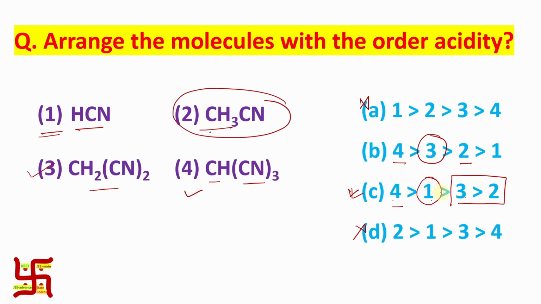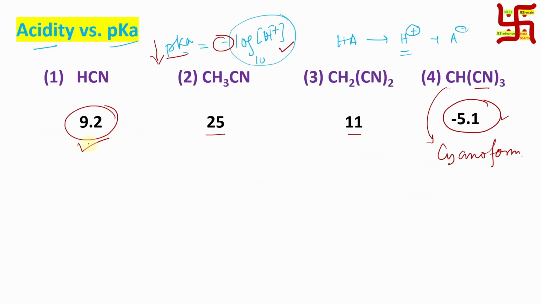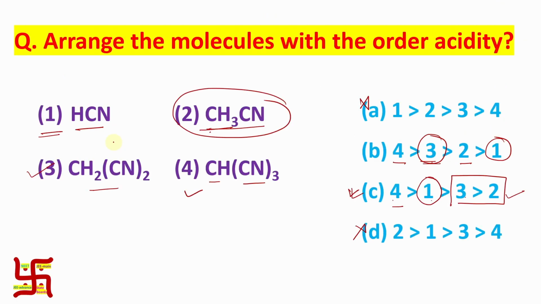HCN is more acidic compared to CH3CN, true. But here you can understand that HCN being less acidic compared to CH3CN is not possible. You may not know the pKa numbers and may be confused, but based on this logic in the exam hall, you can find the right answer.